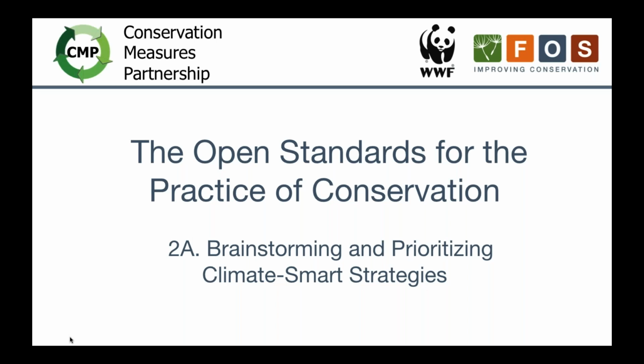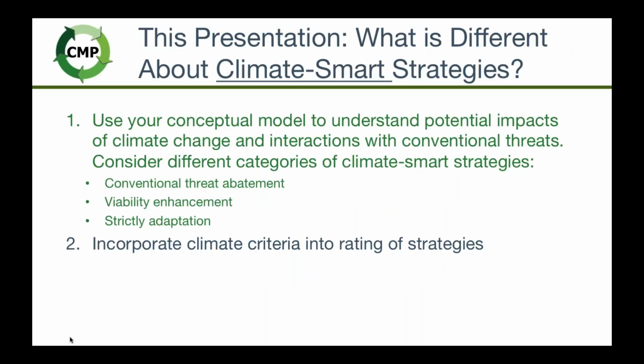Okay, so this presentation is on brainstorming and prioritizing climate smart strategies. And John and I believe that while it is important to use your conceptual model, of course, to understand the potential impacts of climate change and interactions with conventional threats, it's also useful to consider different categories of climate smart strategies, just as you're thinking about what you can do.